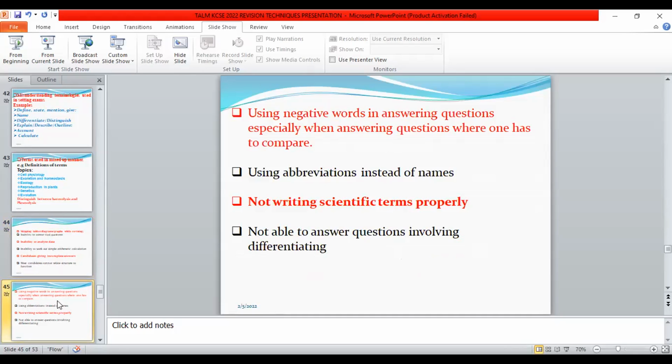The other reason, we have our students using abbreviations instead of names. I've already mentioned that. That is why, for example, in that question where students are told to name the products of anaerobic respiration in plants, that question appears very easy to the students, and the students very quickly will talk about the CO2, ATP, and ethanol.